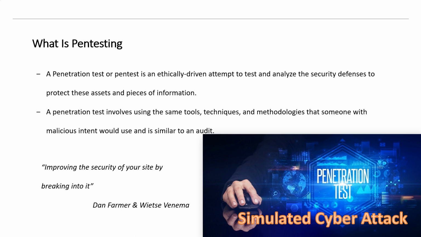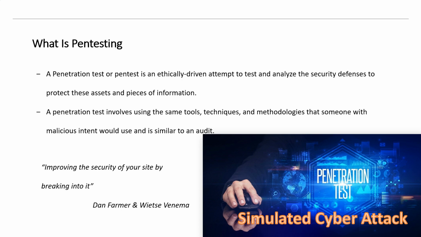I think pen testing, yeah, nowadays we hear this a lot. However, you may not have gotten a formal definition. Pen testing is an ethically driven attempt to test and analyze the security defenses that protect these assets and also pieces of information.